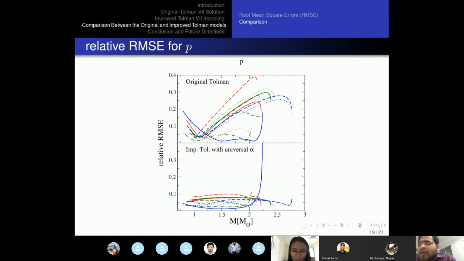But for the smaller masses, our model is slightly worse than the original Tolman. I think it is better in the higher mass region.